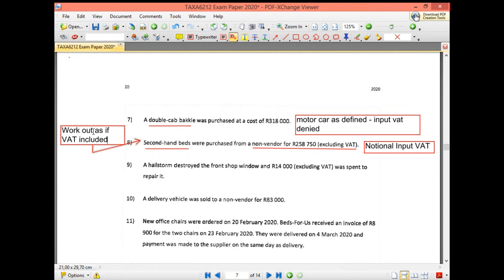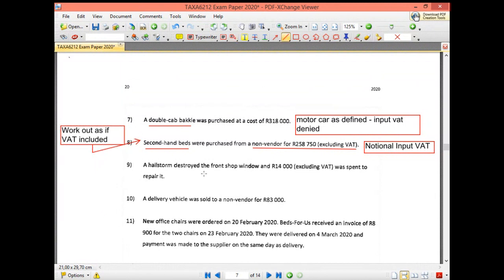So this is an exception to the rule. They're putting the excluding VAT to confuse you, to use the incorrect rate. But because it's from a second hand and it's from a non-vendor, they would not have included VAT. But there's an assumption that VAT is already included in their price, so that is why we work it out as if VAT is included.